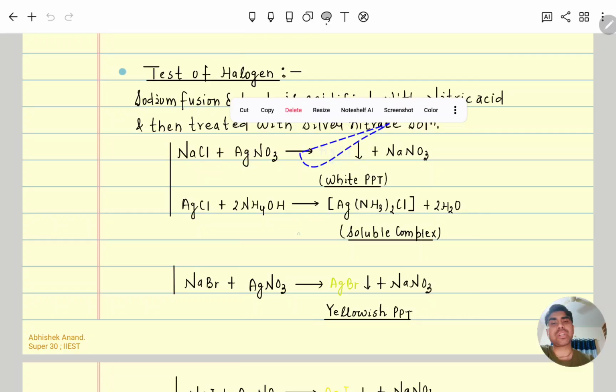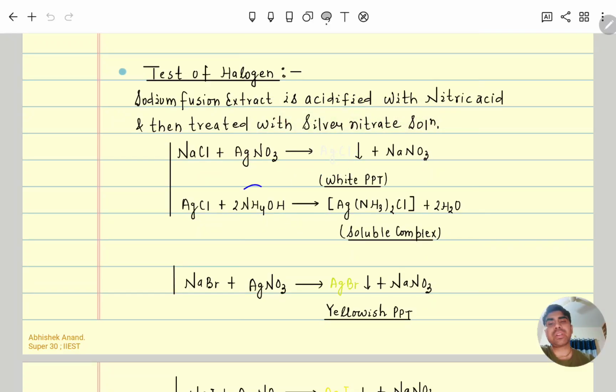Detection of chlorine is done. If this AgCl is further reacted with ammonium hydroxide, as we studied in ionic equilibrium, Ag+ compounds are soluble in ammonia NH3. So AgCl is soluble in NH4OH and forms a soluble complex, that is [Ag(NH3)2]Cl.